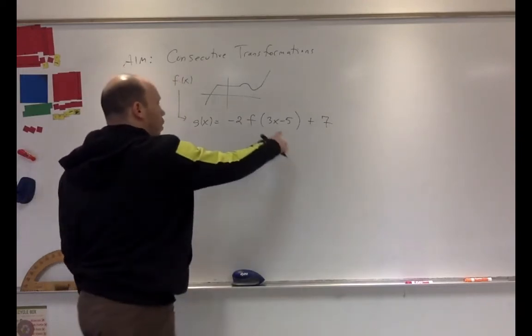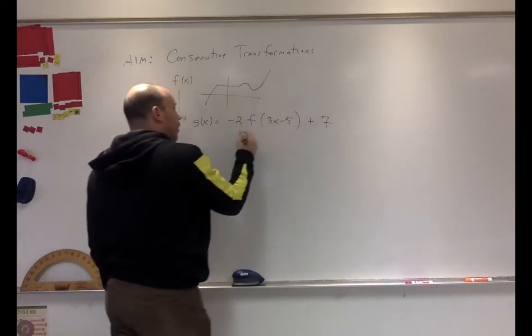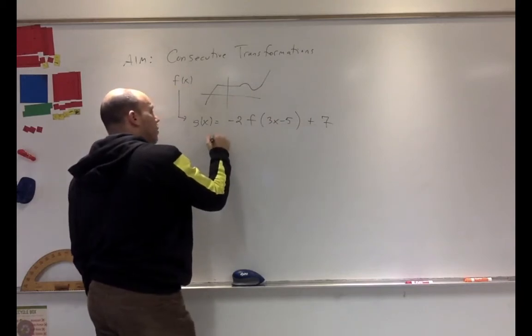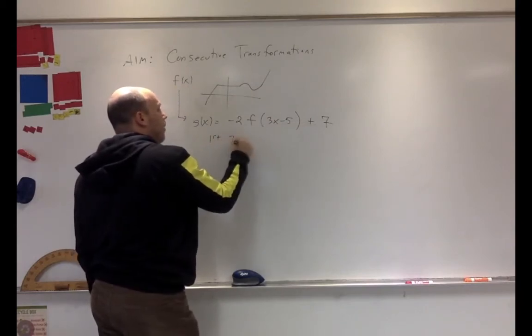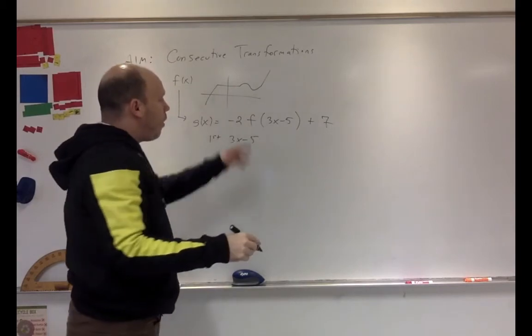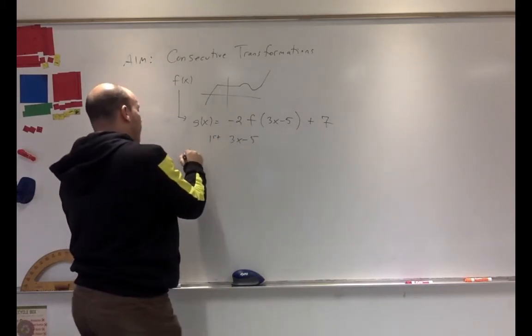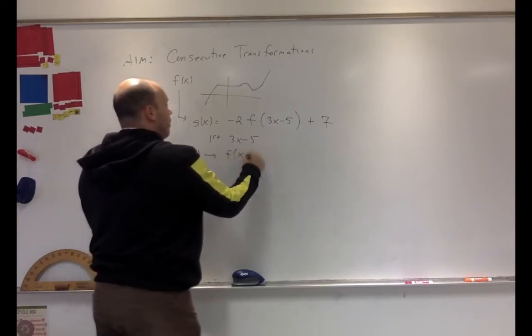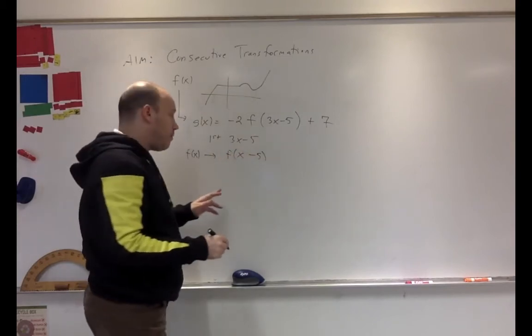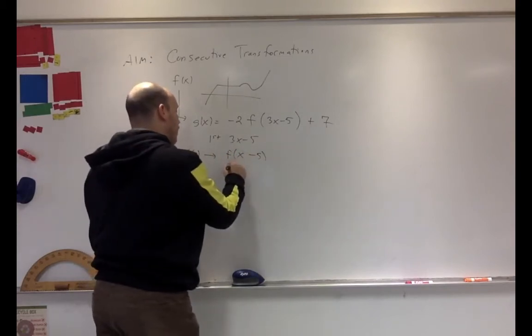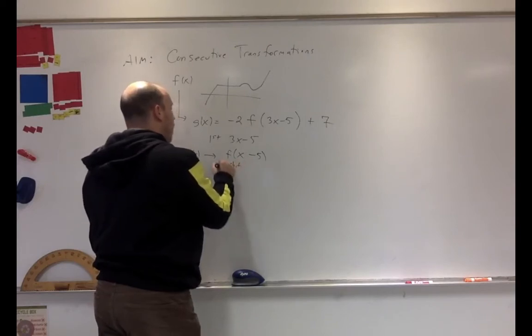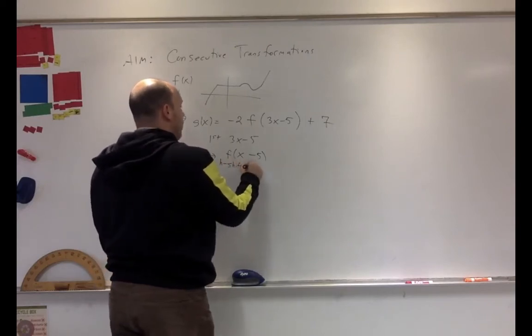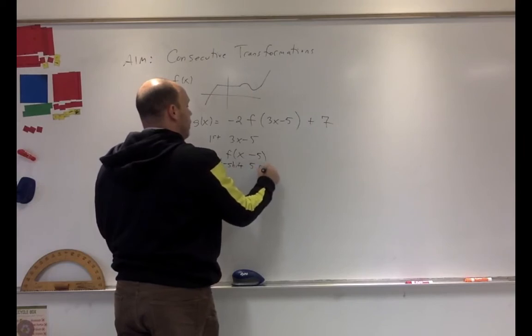Well, we're going to start from inside here. We're going to look at the 3x minus 5. What's going on here? Well, the first thing is we start with f of x. What we've done is we've shifted it 5 to the right. So it's a shift, and it's a horizontal shift, 5 to the right. Right?